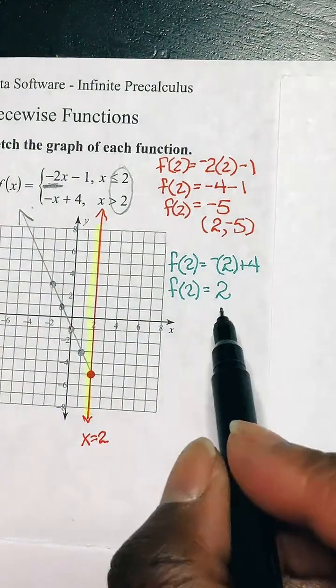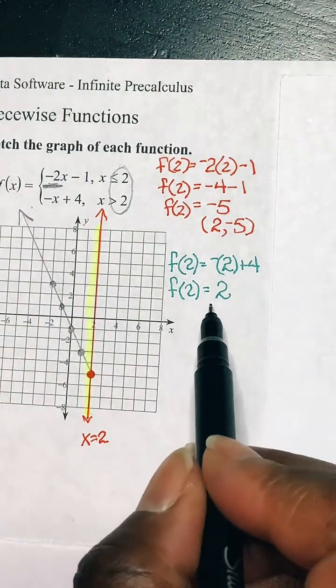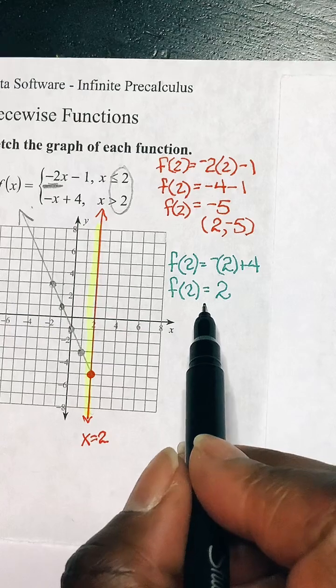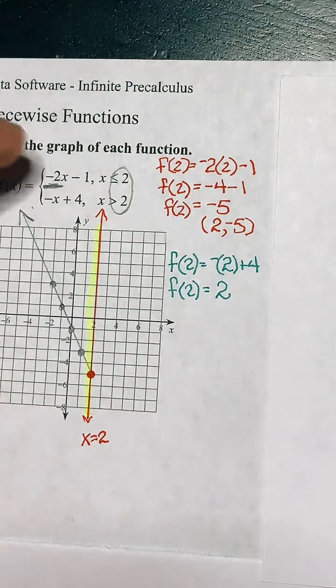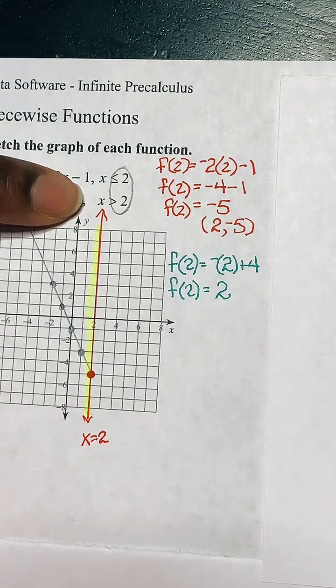So that means, is it going to be open or closed for this point? Look at the inequality. Why'd you change it to 0? Put it back.